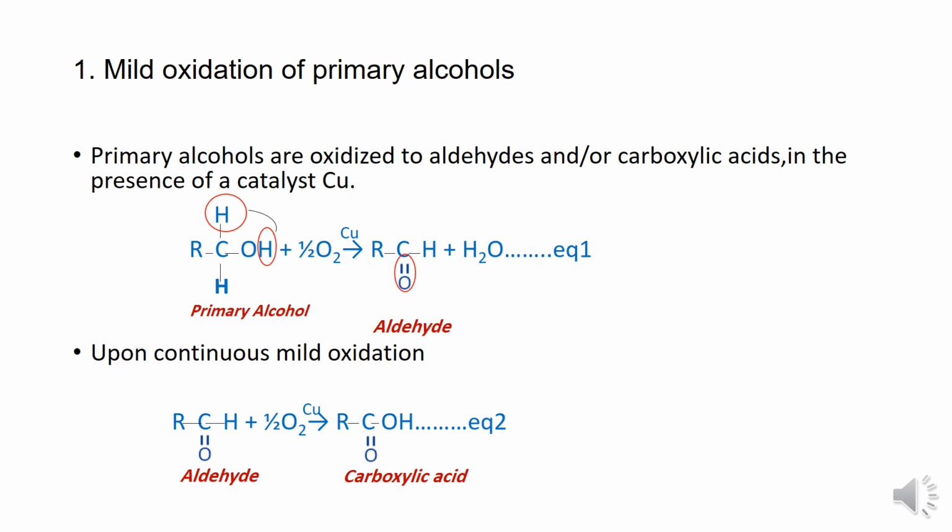Notice that the functional group of the primary alcohol is on the first carbon atom. The functional group of the aldehyde is also on the first carbon atom, plus H2O. This is the first equation. Now, upon continuous mild oxidation, the aldehyde still has one hydrogen, so it can be oxidized in the presence of oxygen.